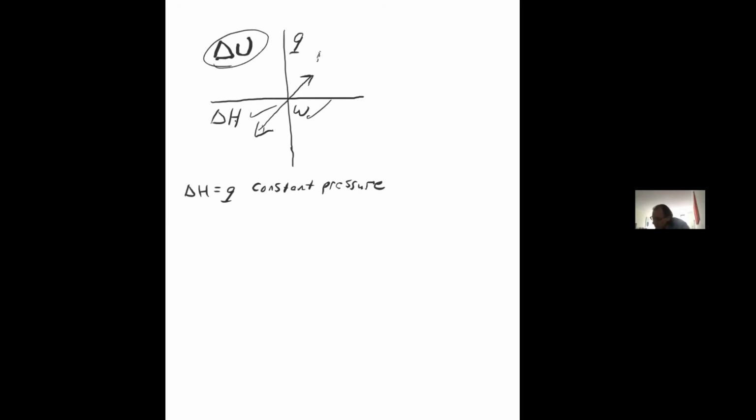Those 2 are equal. But they might give you the work and the change in energy, and then ask you for the heat. In that case, you can still do it because you've got these 2, which allows you to figure out this one, and this one is equal to that one, so that gives you the other too. As long as you know 2 of them, you're set because you've got this relationship, which gives you the third one. Kind of cool.